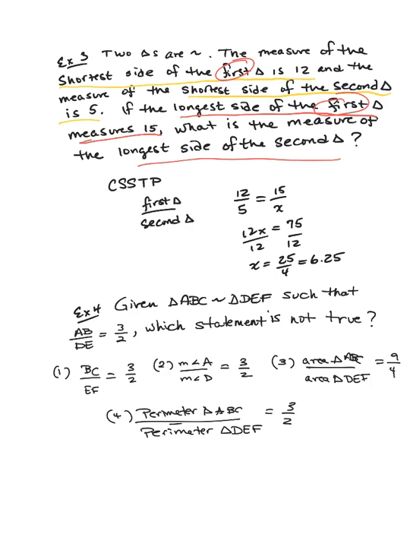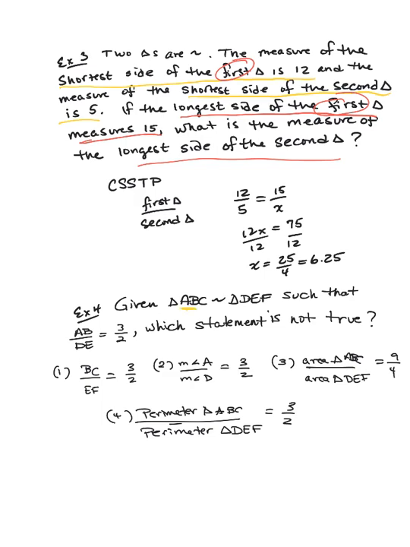Okay, in example 4, the wording of the question is a little different. Given triangle ABC is similar to triangle DEF, such that AB, now remember what I've taught you, okay, and you could pause the video and copy down the question, of course, before you listen to me.